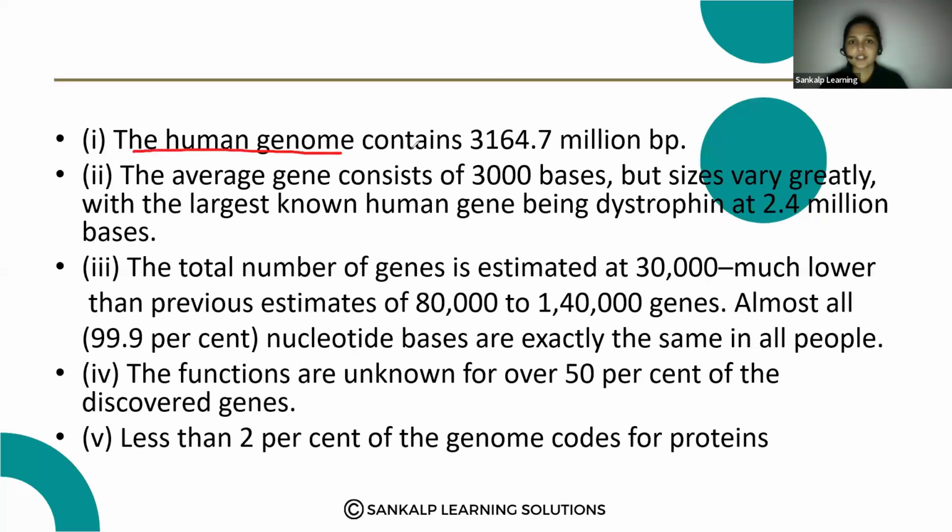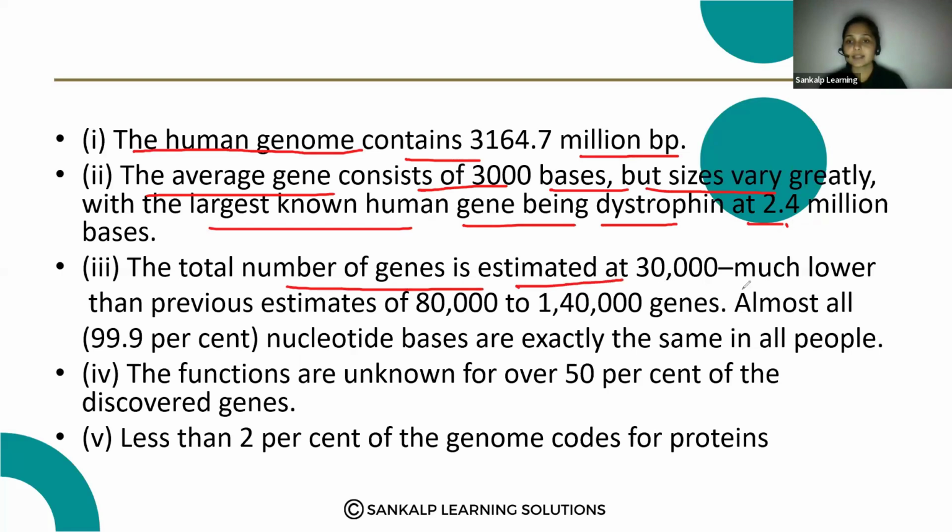The human genome contains 3164.7 million base pairs. The average gene consists of 3000 bases, but sizes vary greatly, with the largest known human gene being dystrophin at 2.4 million bases. The total number of genes is estimated at 30,000, much lower than the previous estimate.